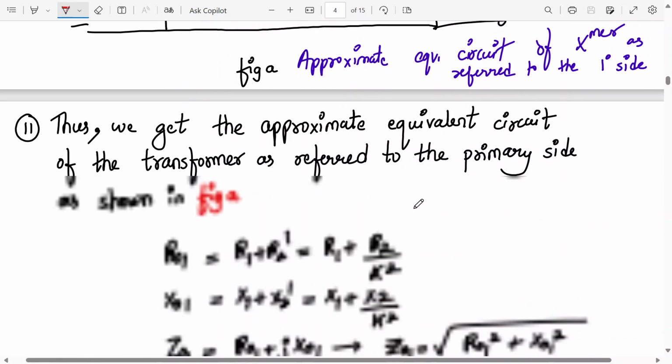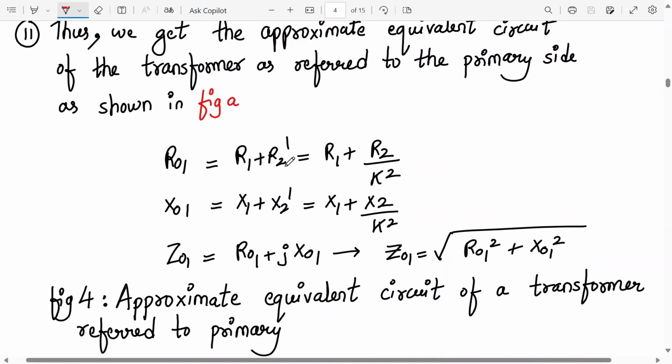RO1 is R1 plus R2 dash, which is R1 plus R2 by K square. XO1 is X1 plus X2 dash, which is X1 plus X2 by K square. And ZO1 can be written as RO1 plus j XO1, or in terms of magnitude, ZO1 square is RO1 square plus XO1 square. Or it can be written in rectangular form, RO1 plus j XO1.